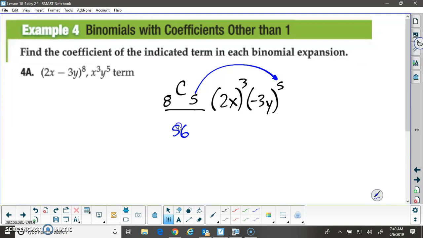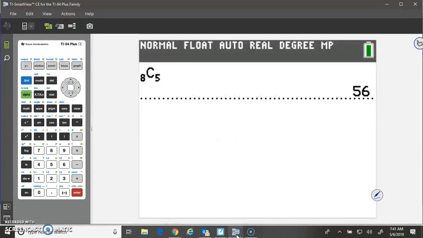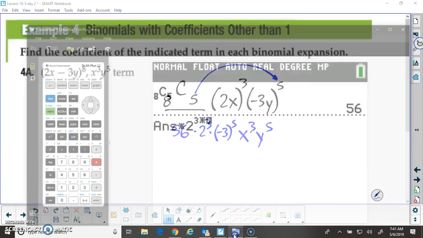But then we're going to have to take 2 to the third, and we're going to have to take negative 3 to the fifth, and then we'll have an x to the third and a y to the fifth behind it. So there's some additional work here to get my final coefficient. So we're going to multiply that 56 by 2 to the third. And then we're also going to multiply it by negative 3 to the fifth.